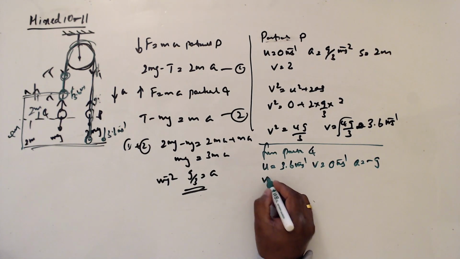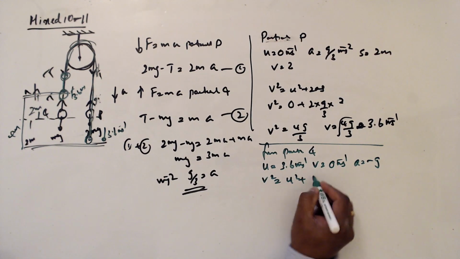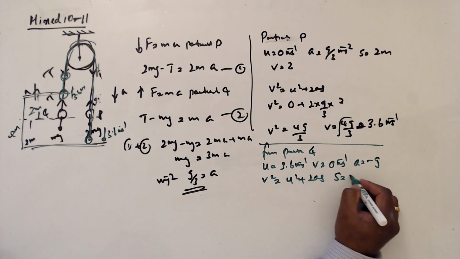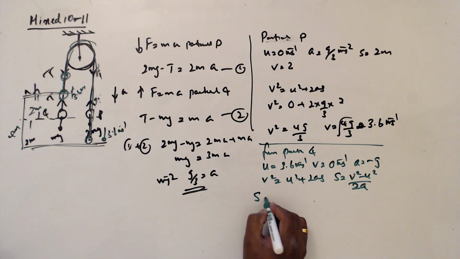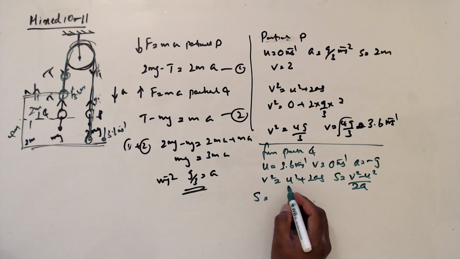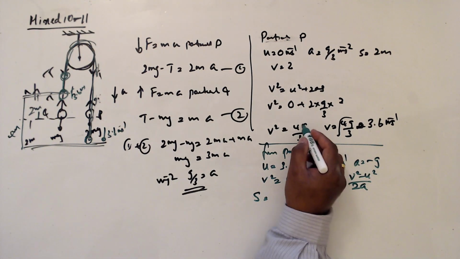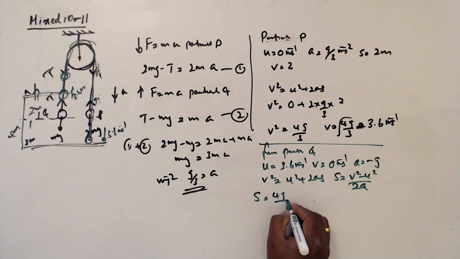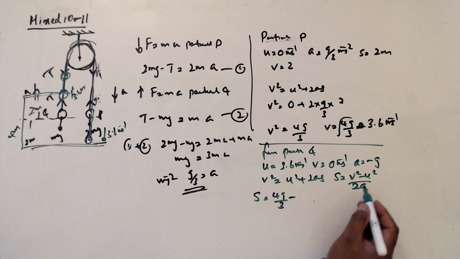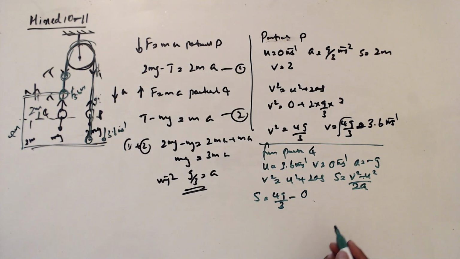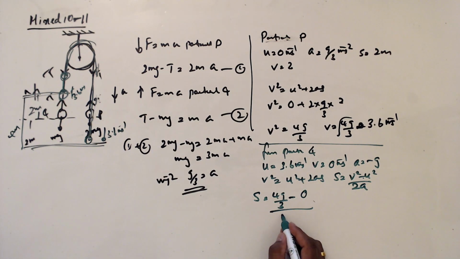Then v² equals u² plus 2as, so s equals (v² minus u²) divided by 2a. So u² is 4g over 3.